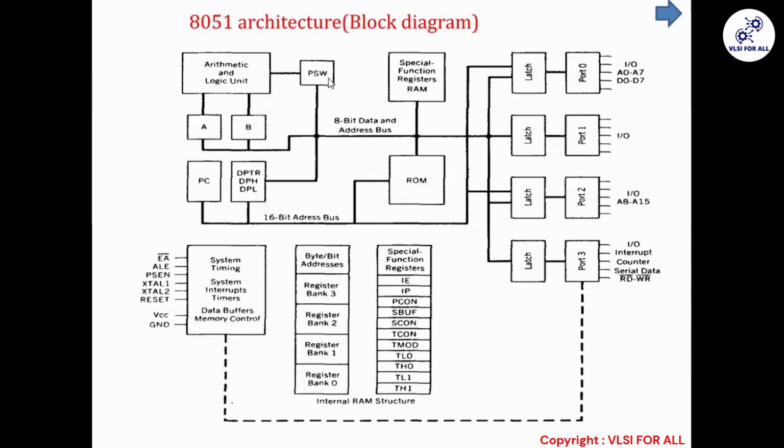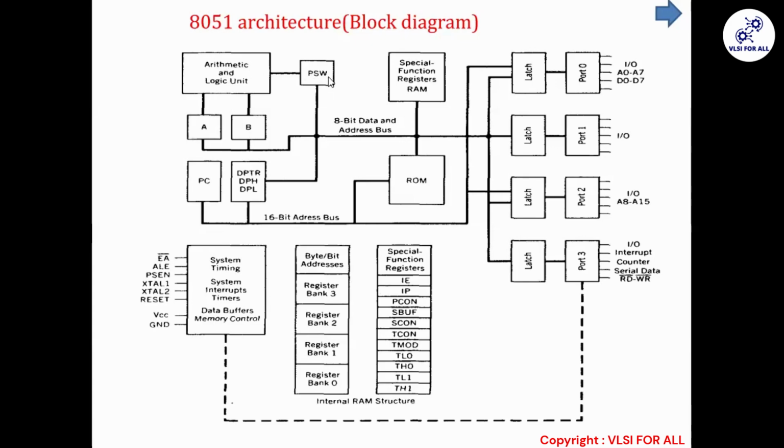It is keeping the status of the program while adding. For example, we have some bits in A, we have some bits in B. How many bits are there? 8 bits. Again, 8 bits here that we are adding. While adding, is there a carry generated? Then that carry flag will be high in PSW.